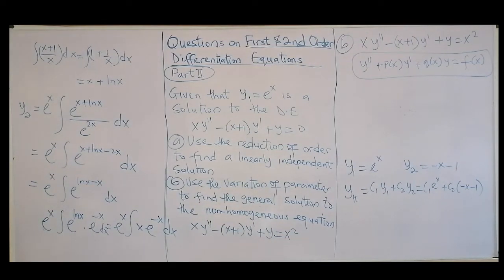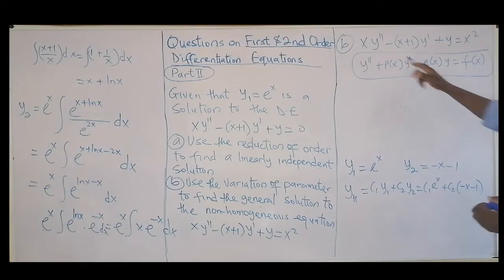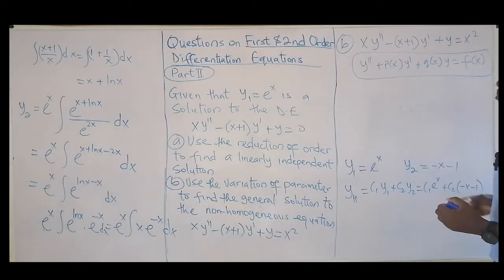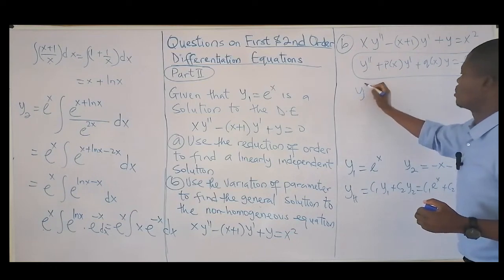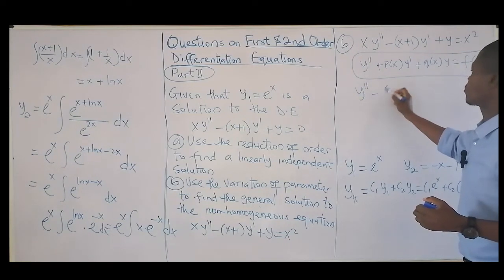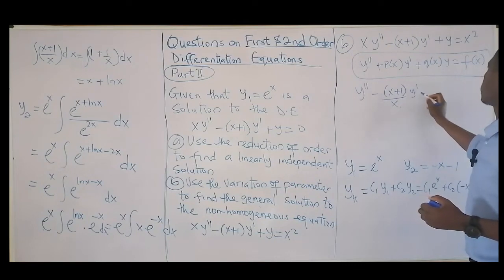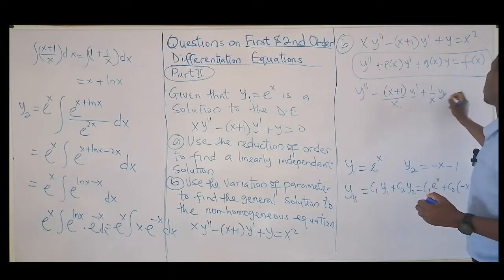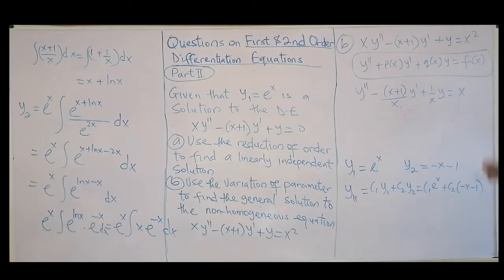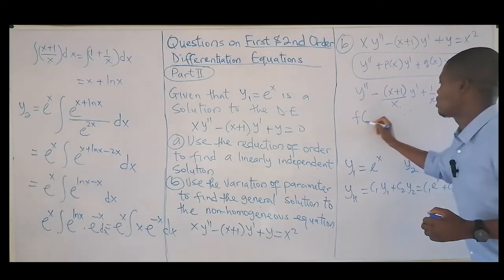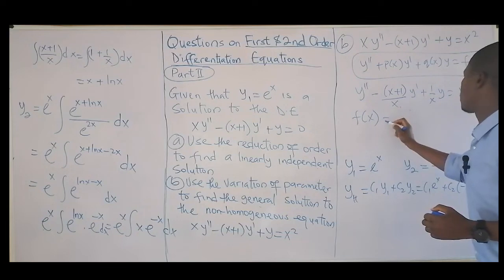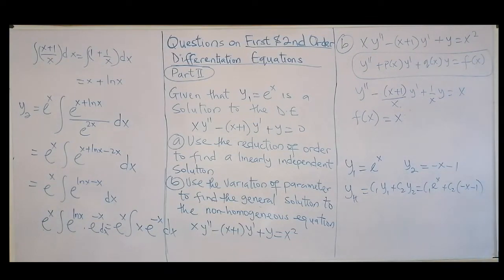For you to use variation of parameters, it must conform to this standard form. So what do we do now? We need to remove this one. We have done that in the first part, so we now have this minus this all over this, plus 1 over x y equal to x squared over x. So I have my f(x) now as x. That's my f(x).